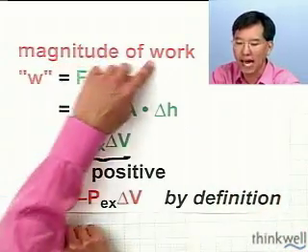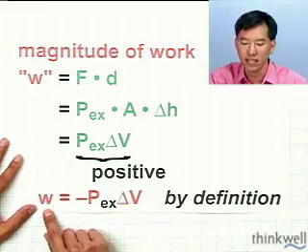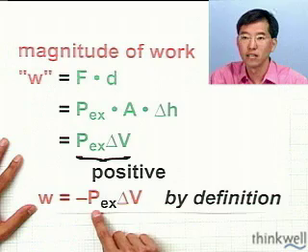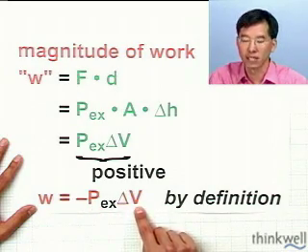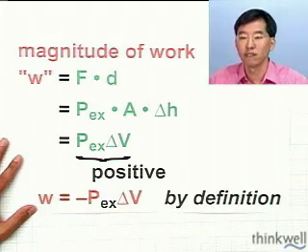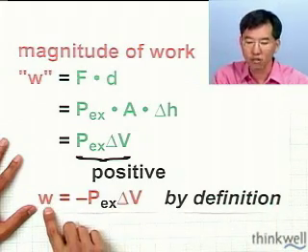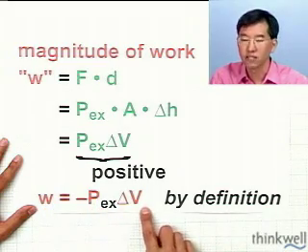Remember, this was just the magnitude of the work done. What we're going to do is define the work done to be the negative of the product of the external pressure and the change in volume. So now we have an expression that obeys our sign convention for the change in energy. It says that the work done is equal to minus the external pressure times the change in volume.